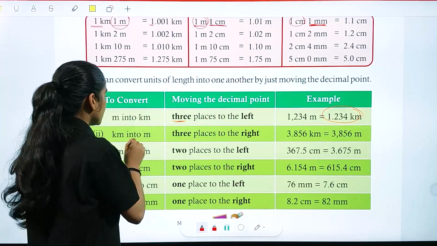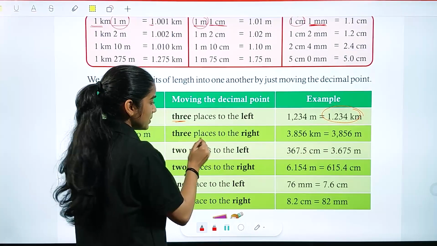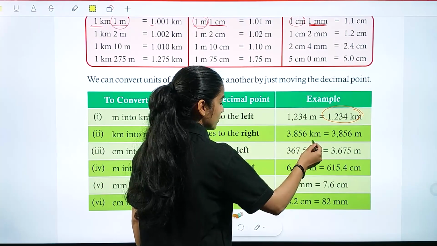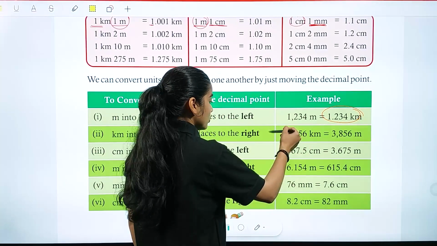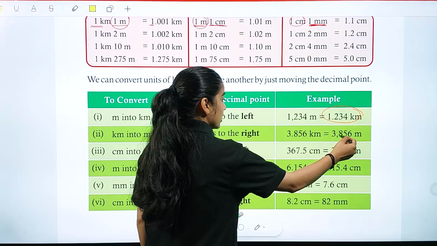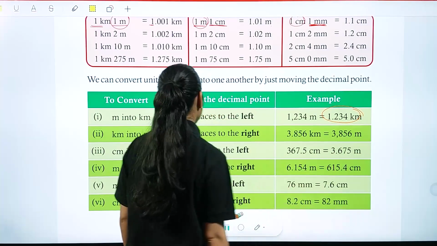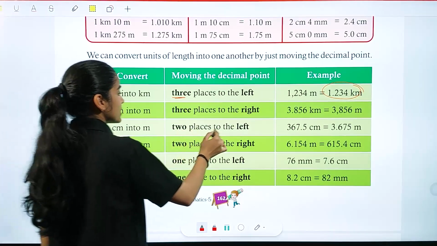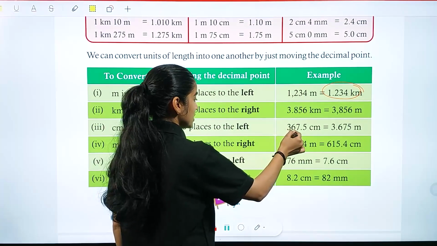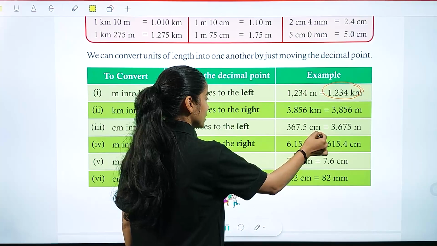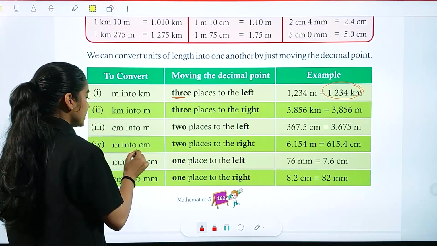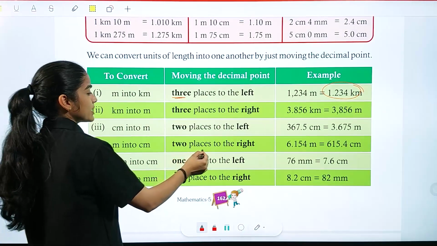Kilometer into meter: 3 places to the right. 3.856, so we have to shift the point towards the right, so it will be 3856 meter. Now centimeter into meter: two places to the left. In this case 367.5 centimeter will be converted to 3.675 meter. Meter into centimeter: two places to the right.